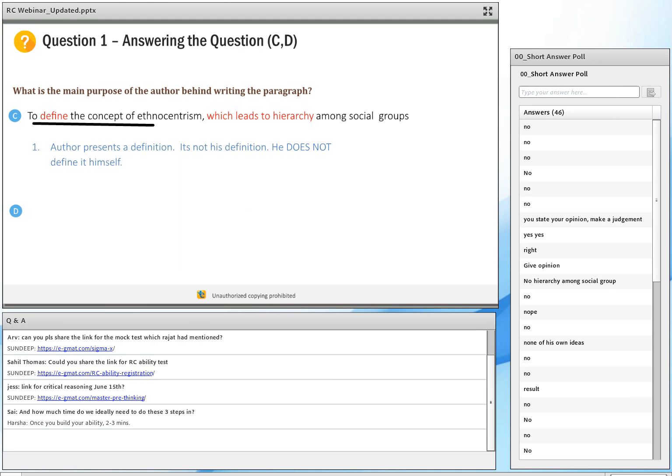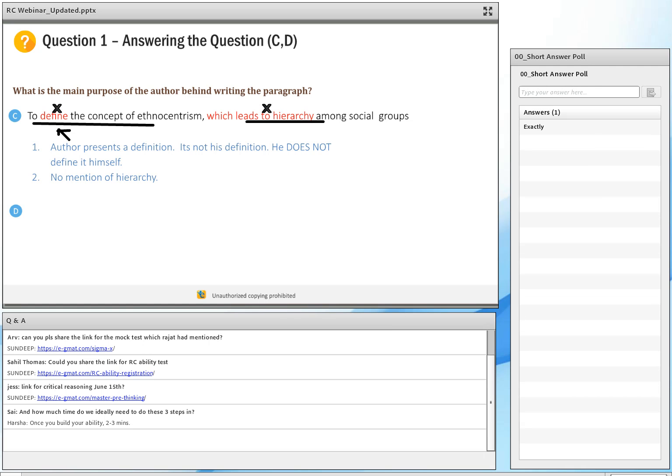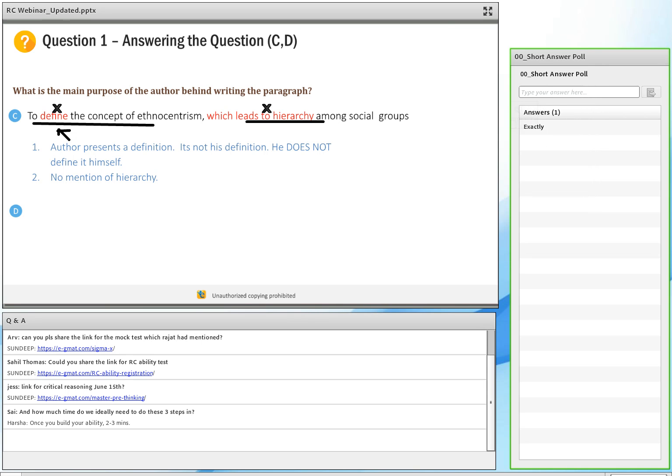He's presenting a definition, which is very different from defining a definition. And that's where whose viewpoint is expressed in the passage is really important overall. And he doesn't mention hierarchy among social groups, by the way. So there's no mention of hierarchy on both these counts, so choice C is wrong as well. And again, you can really see about 75 of you marked choice C.